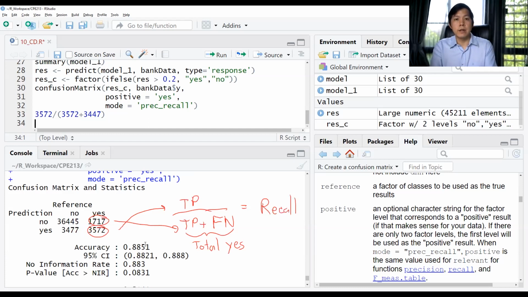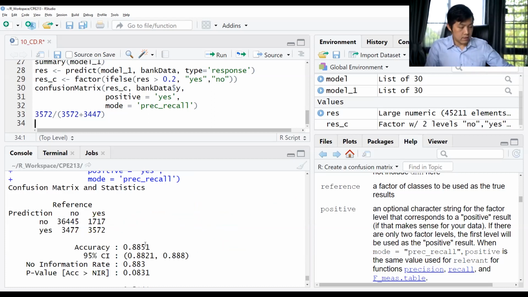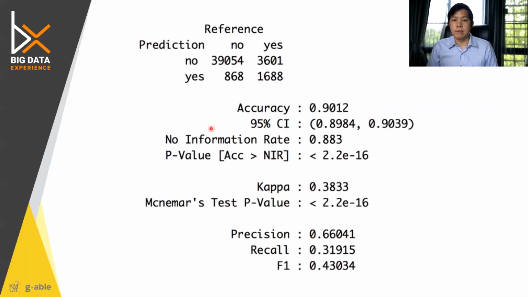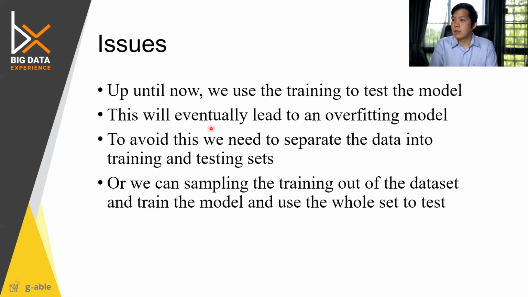Right, now you have precision and recall between the two here. Let me clear that. Okay, let's move on. And the result is better by using more variables. Okay, you get better results.